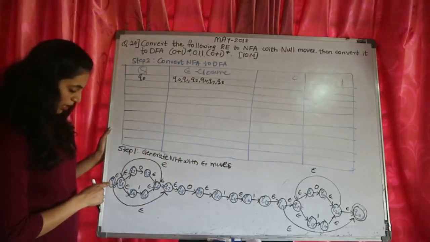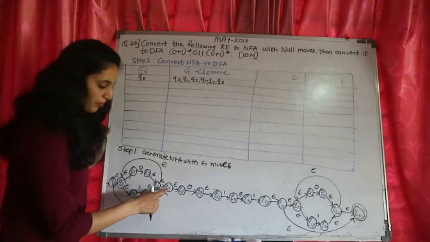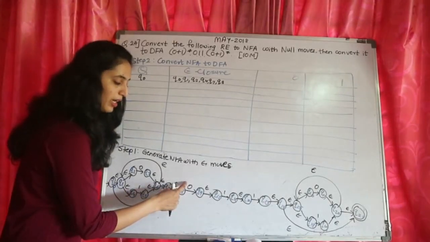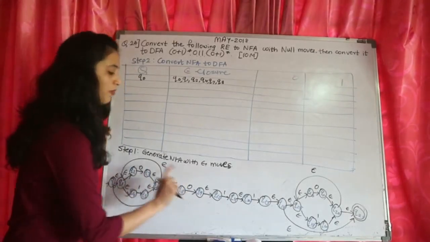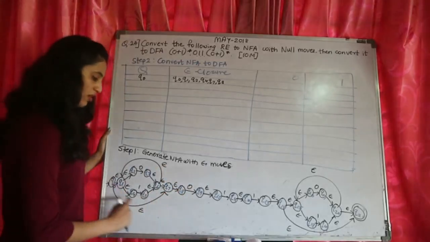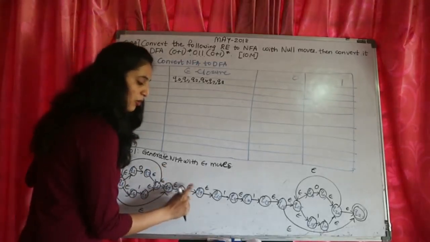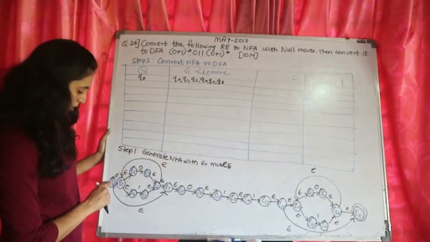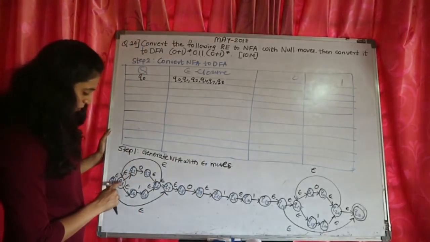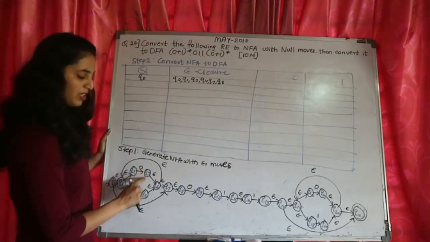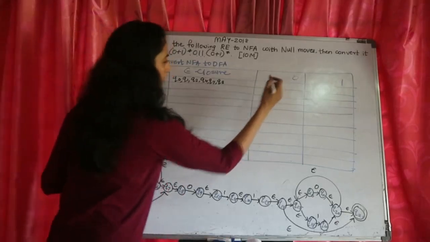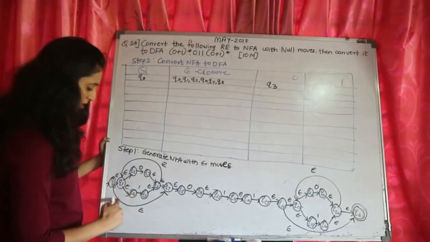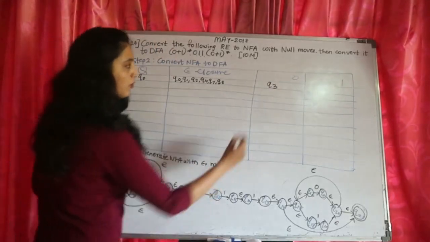So if I read epsilon from Q0 and come to Q7, and from there reach Q8 by reading epsilon, then if I get 0 at Q8, it is the same as 0 from Q0. Q8 on 0 is also the same as Q0 on 0, and after reading this 0, where I am going, that I am supposed to write here. So Q0 on reading 0, with the first way, after reading 0 it goes to Q3. Next way, from here it doesn't get 0 so it stops. This is the third way, and from here reading 0 it is going to Q9.